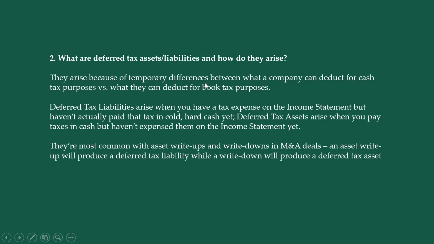They arise because of temporary differences between what the company can deduct for cash tax purposes versus what they can deduct for book tax purposes. Book tax purpose is a different thing, and cash tax purpose is a different thing. Cash tax is the internal accounting of the company, and book tax is what these terms are used for the government.